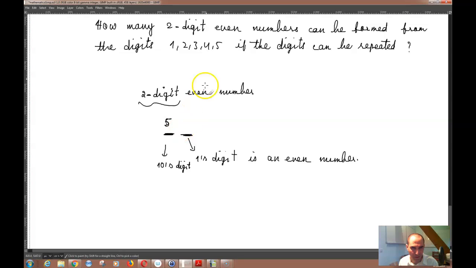So there are 5 ways of filling the tens placeholder: it could be a 1, a 2, a 3, a 4, or a 5.